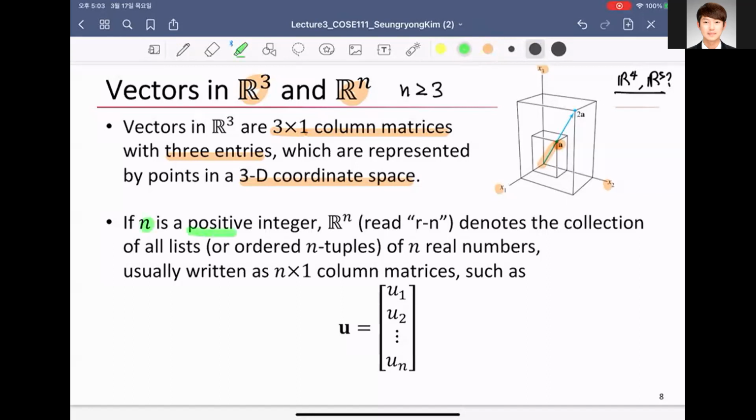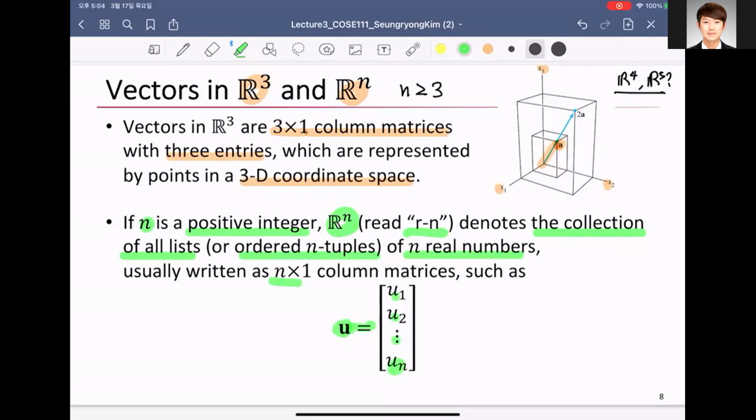if n is a positive integer, Rn, read as Rn, denotes the collection of all ordered n-tuples of n real numbers. It is usually written as an n by 1 column matrix, such as the vector u equal to u1, u2, up to un, like this.